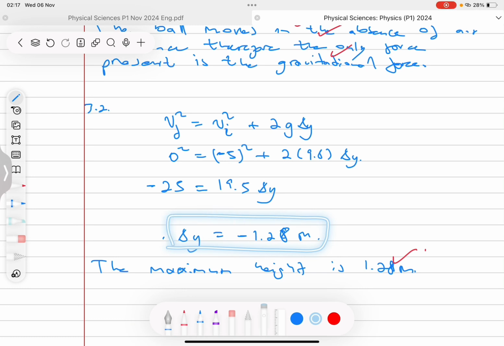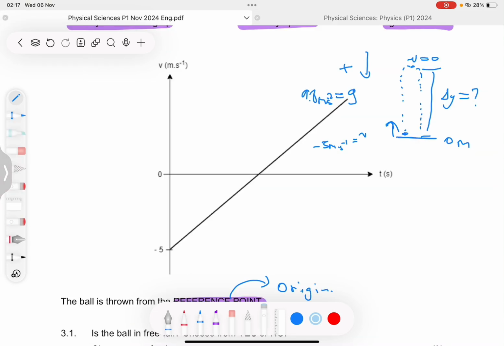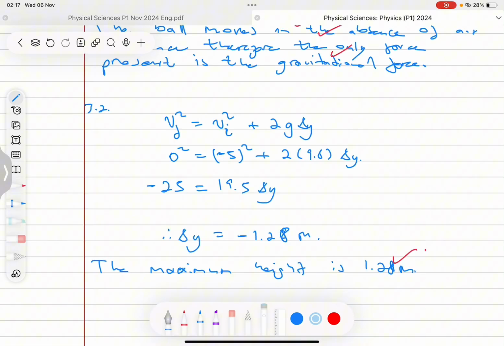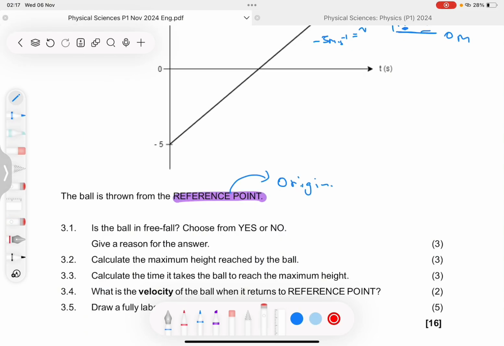If you leave your answer at the displacement, they will penalize you. Remember, the negative implies direction, so you have to really go down and answer the question. This is worth 3 marks. Already we know where the marks will go: you get a mark for choosing the correct formula, a mark for correct substitution, and a mark for the final answer, a total of 3 marks.